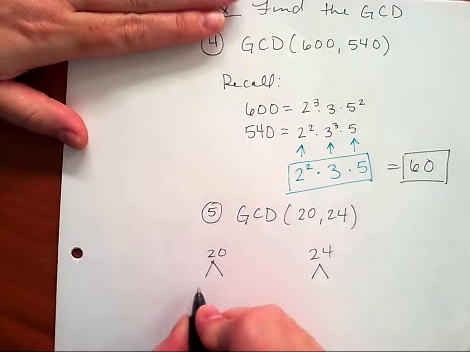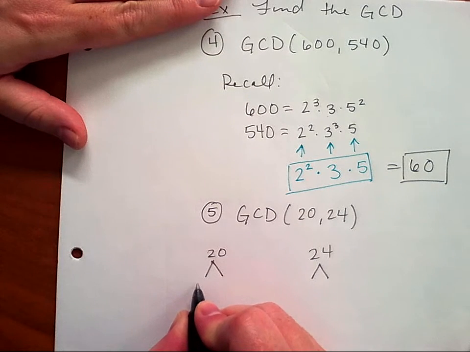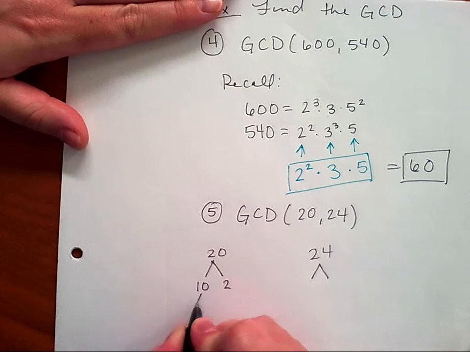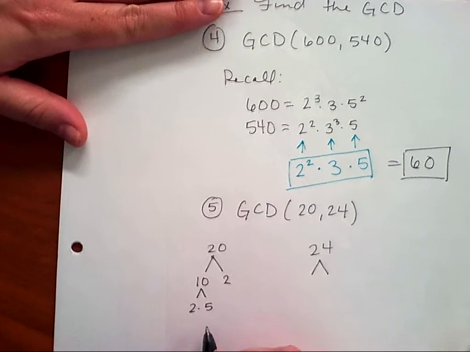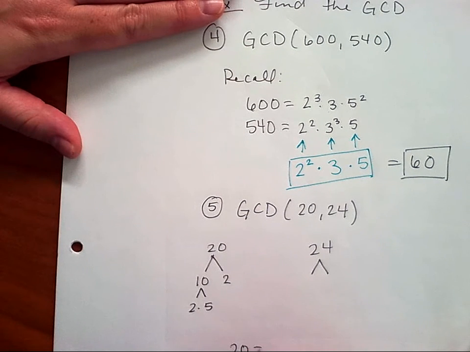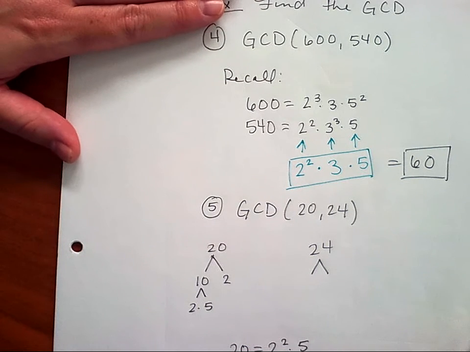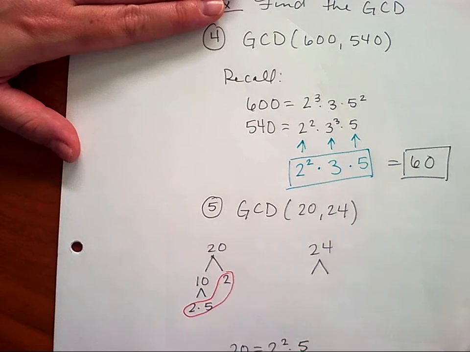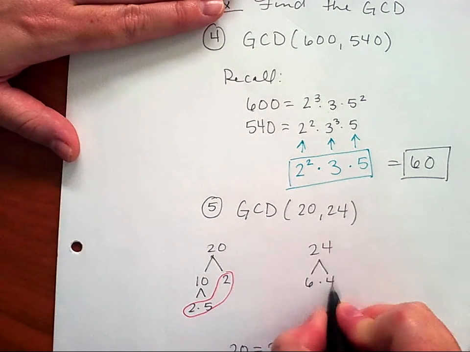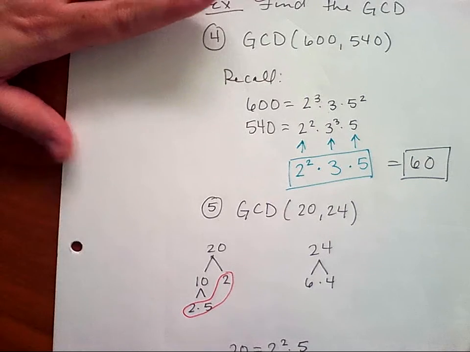So what is 20? 10 times 2, what's 10? 2 times 5. So how can I write 20? Good, thank you. All right, and then what's 24? 6 times 4, good. Hey, whatever works. If you want to do 3 times 8, go for it.